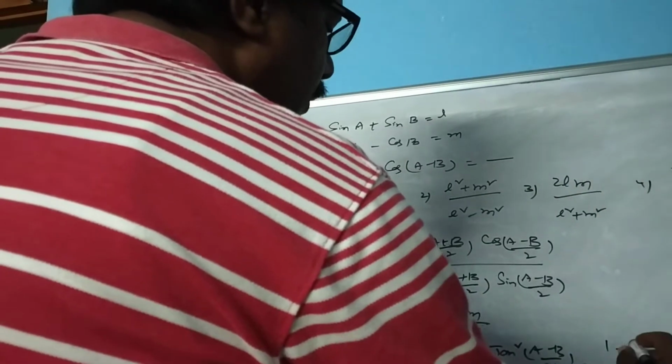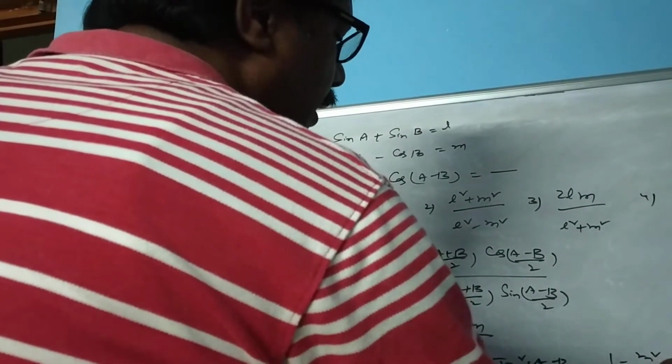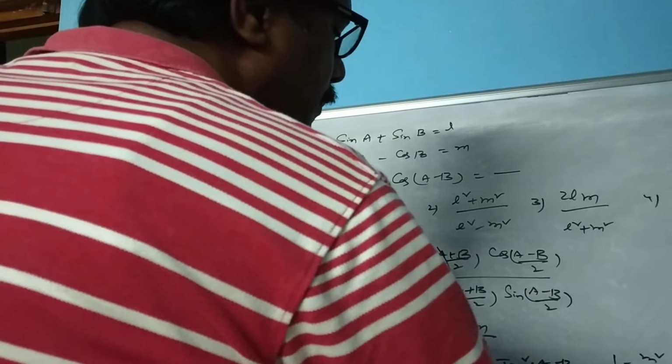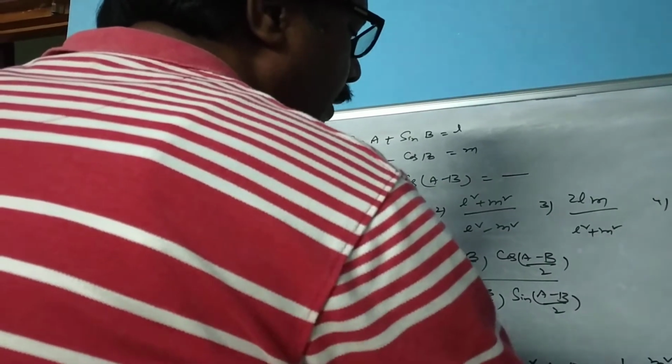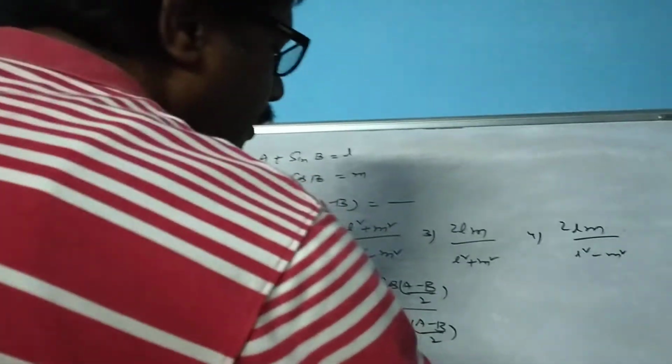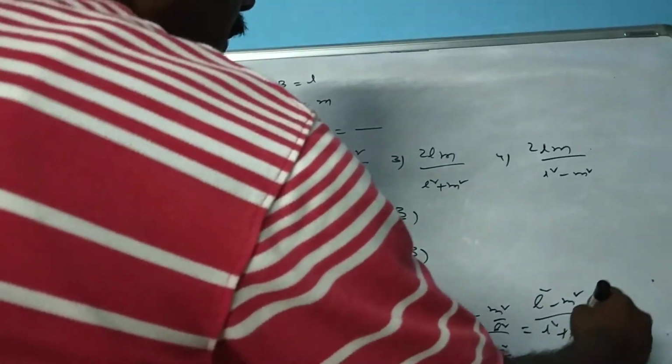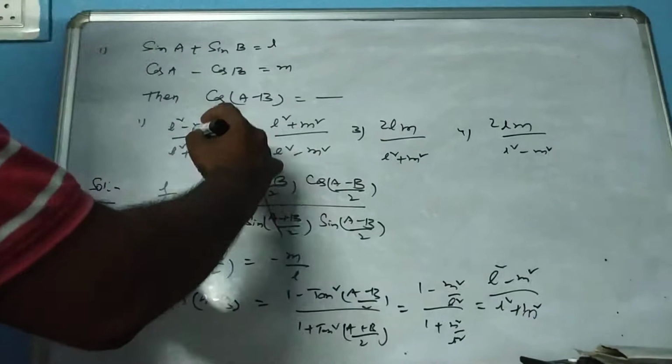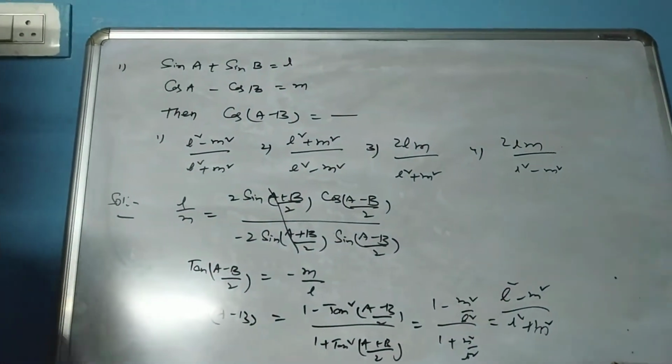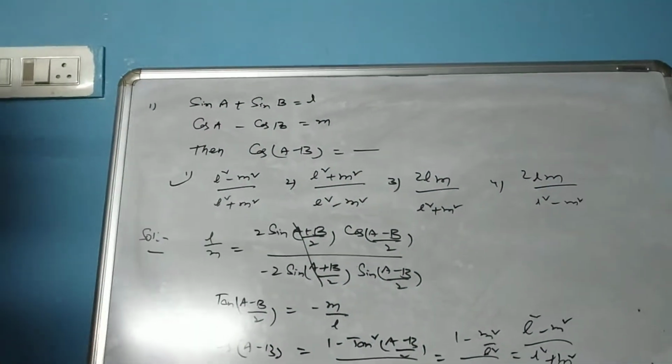This is (1 minus M square by L square) by (1 plus M square by L square). This is (L square minus M square) by (L square plus M square). The first one is the right answer.